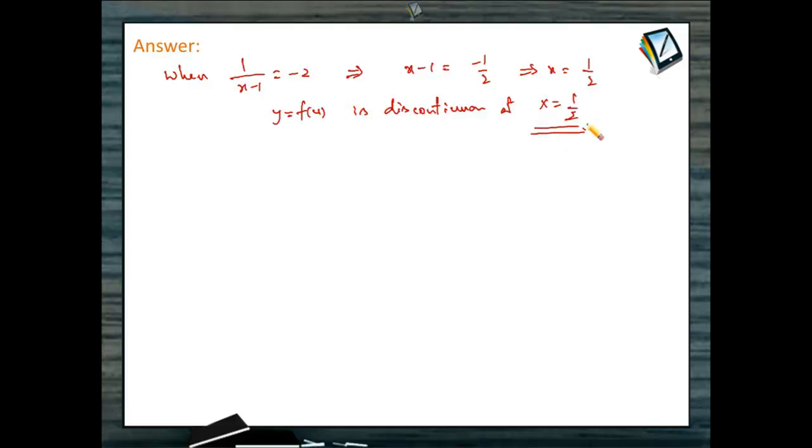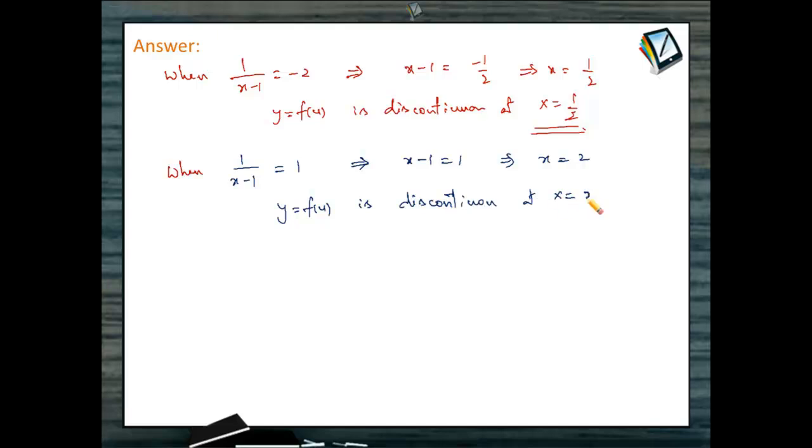So this is another identified point of discontinuity. Similarly, when 1 by x minus 1 becomes 1, then also the function is discontinuous. Then x minus 1 is 1 or your x value becomes 2. So again y equal to f of u is discontinuous at x equal to 2 also.